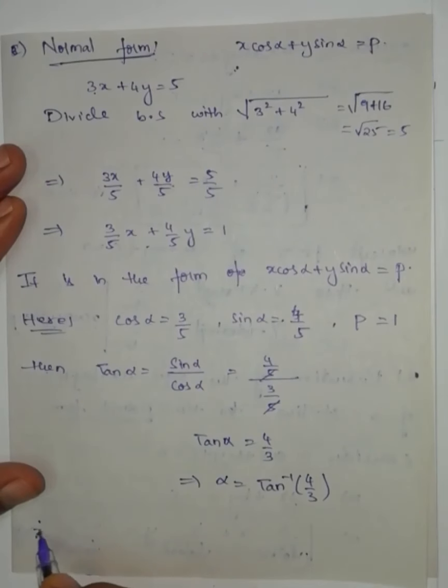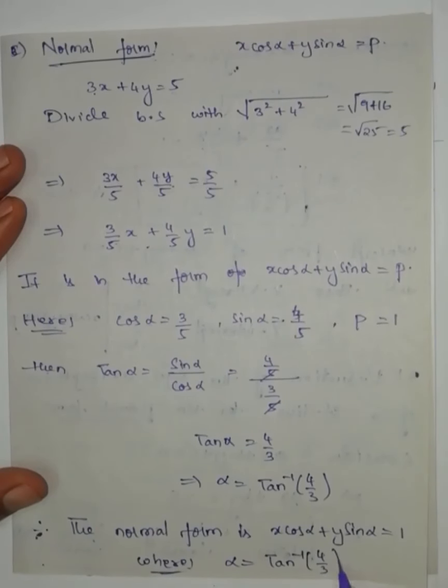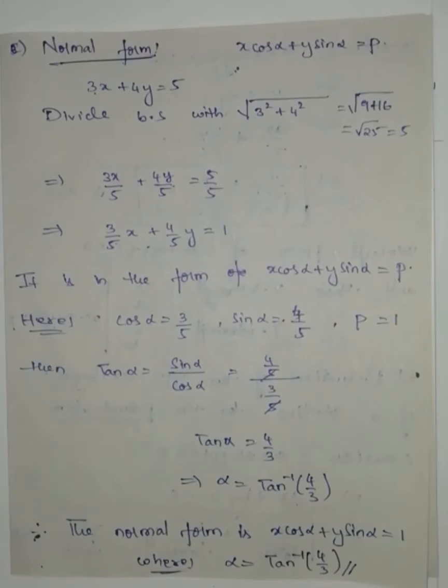Therefore the normal form is x cos alpha plus y sin alpha is equal to 1, because p is 1, where alpha is equal to tan inverse 4 by 3. This is the answer for the first one.